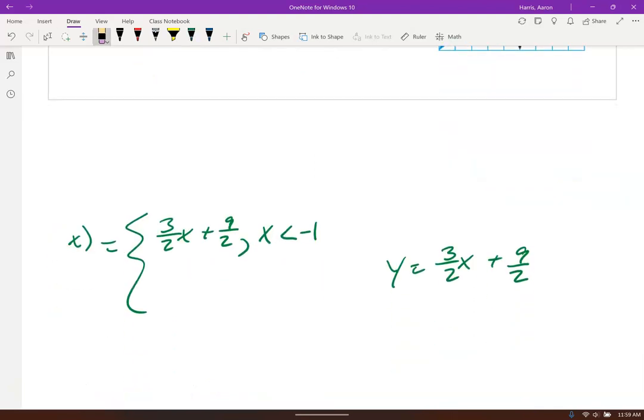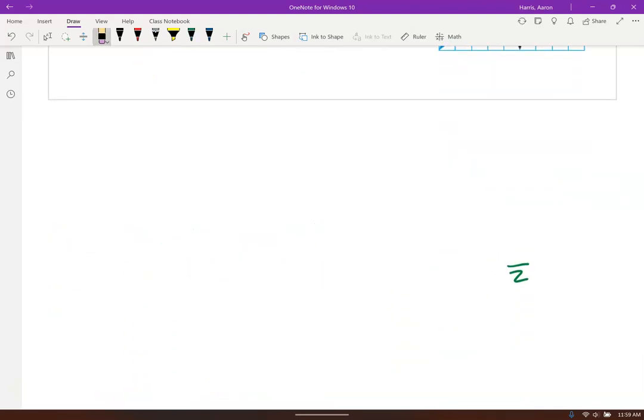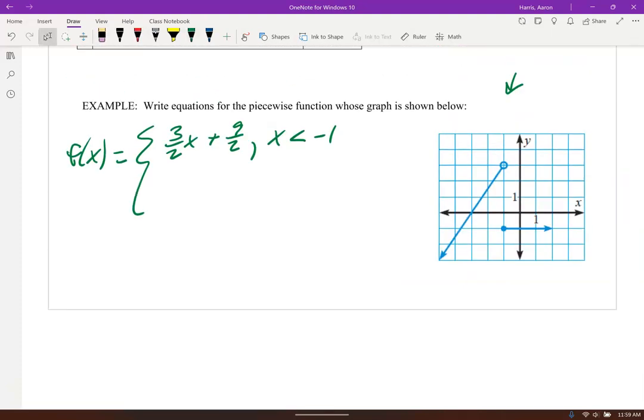Let me erase the rest of this. All right, let's do this other one. How about in red? This is closed and it's going to the right. So that's an x value of negative 1, and I'm greater than or equal to negative 1. And then this is just that solid line, a horizontal line.